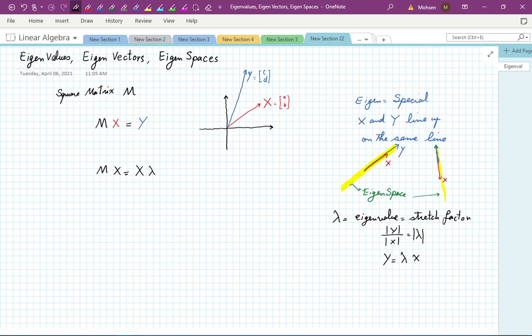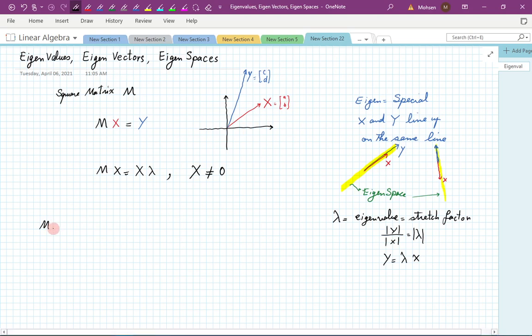Before I go to that, let me emphasize that we made a stipulation that this vector x should be something other than 0, because of course a matrix times 0 is equal to 0 times any number, and that does not reveal anything for us. That's going to be considered a trivial solution and essentially useless.